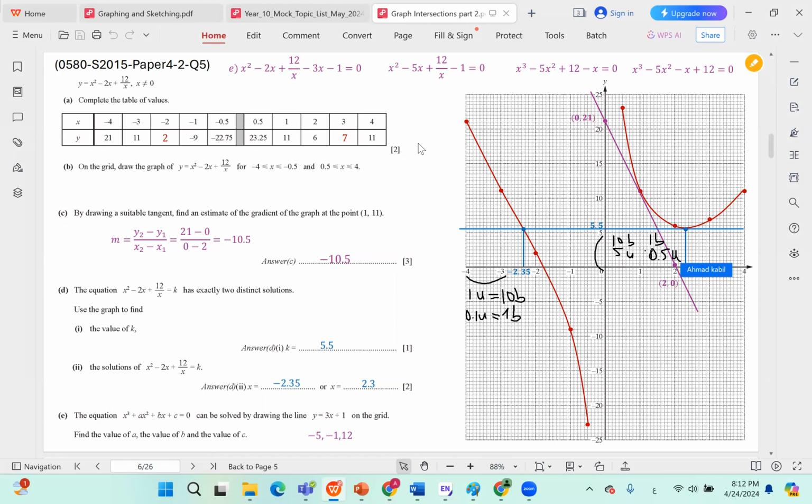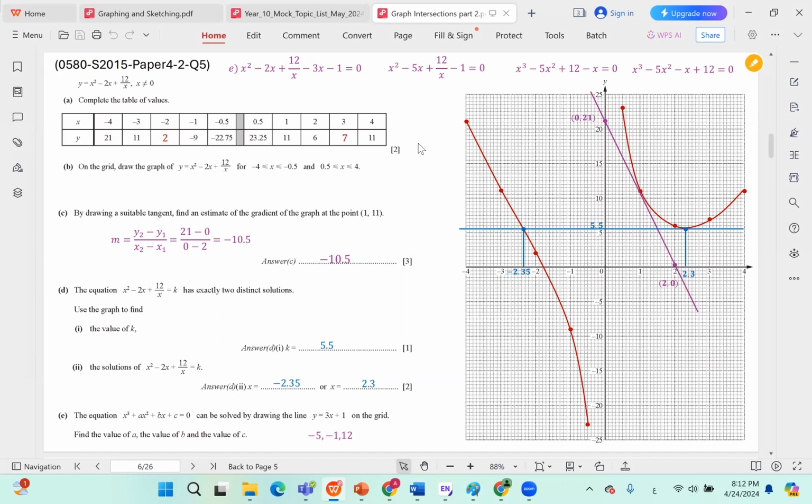Excuse me, I must have made a mistake. I'm moving horizontally instead of vertically. This is my bad. So I meant on the y-axis, this is 0.5, 1, 1.5, 2, 2.5, 3, and so on and so forth. So you use these ratios in order to accurately plot the points of the table onto the graph.